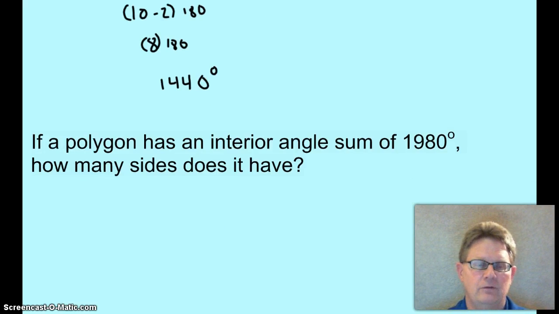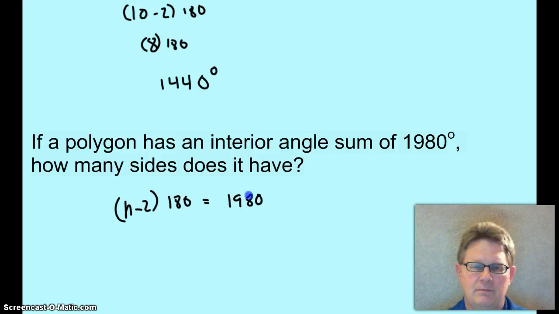Now let's work backwards. If a polygon has an interior angle sum of 1,980, how many sides does it have? So you would do n minus 2 times 180 equals 1980. And the easiest way to do this is to divide both sides by 180. So that these cancel to 1s.